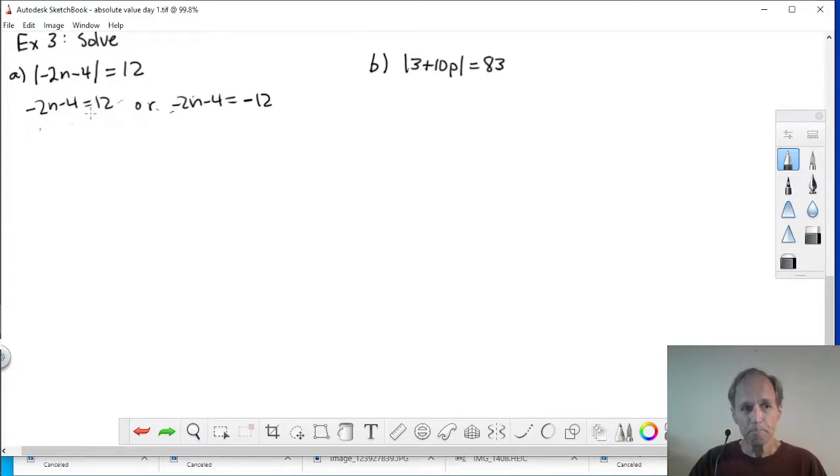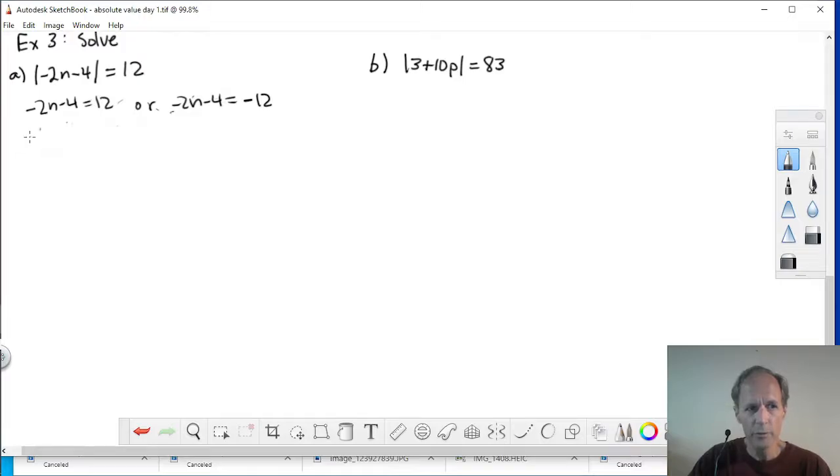So either of those cases make it true, and we have to find the n for either case. But there's no reason to change the signs inside that. Okay? So we just say negative 2n minus 4 equals 12, and we want to find out what n would be.